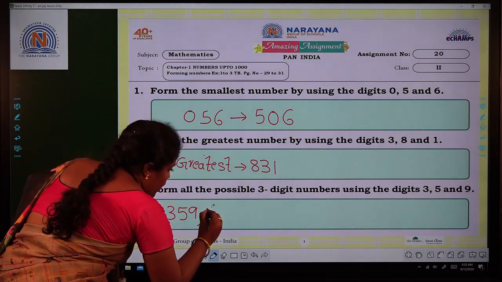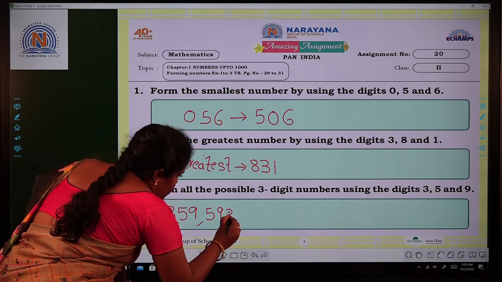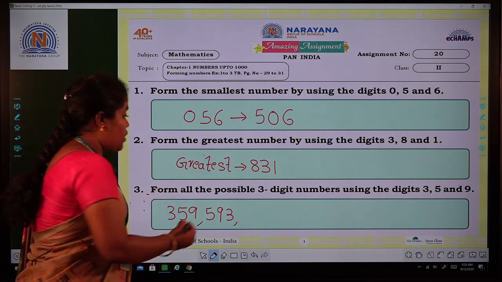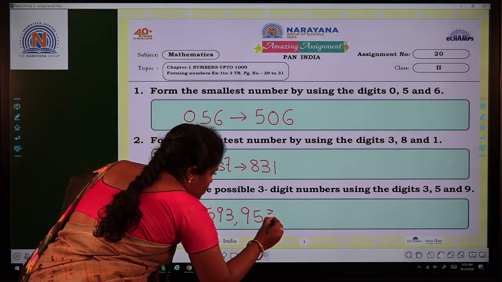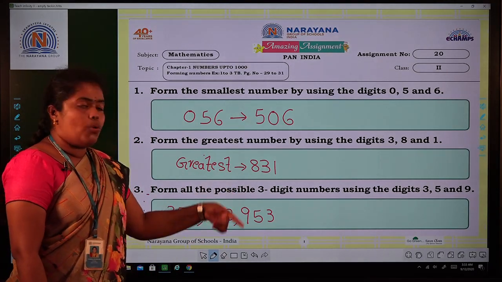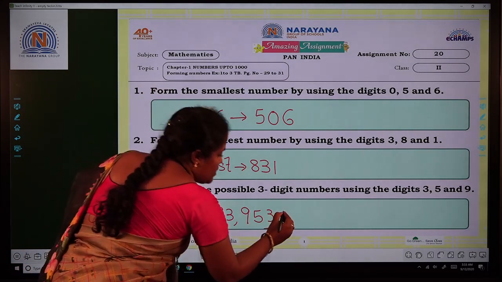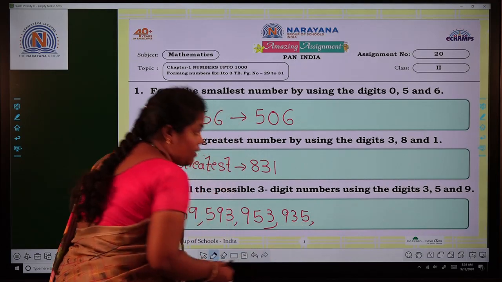Next, one more way is there. We have to write 5, 9, 3. There is one more way also: 9, 5 and 3. Are there any possibilities to write more 3-digit numbers? Yes, there are. We have to write 935 by using the 3 digits only.